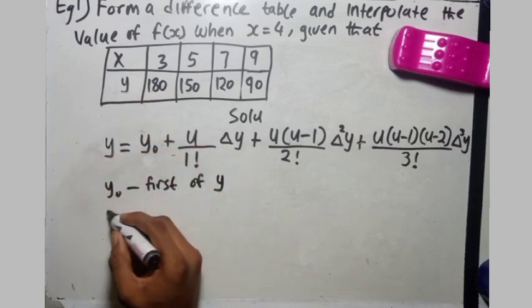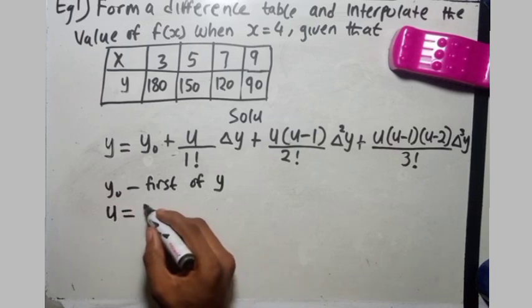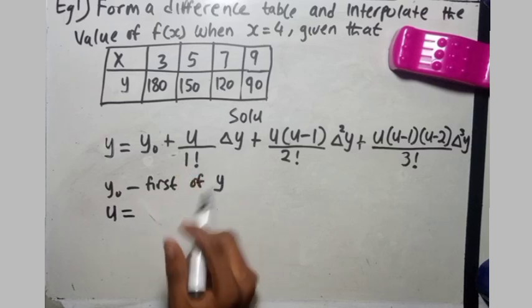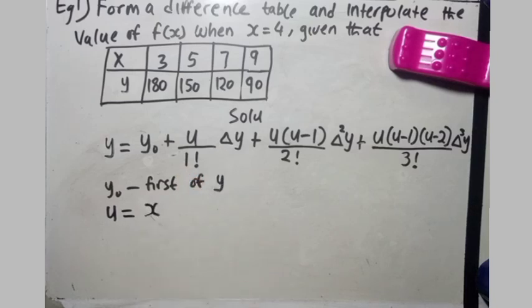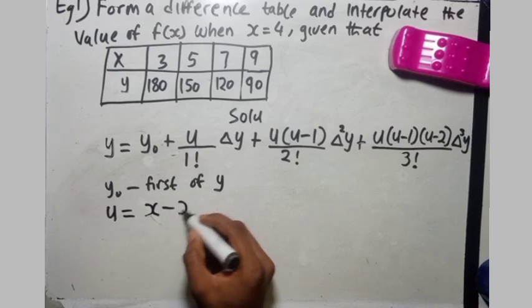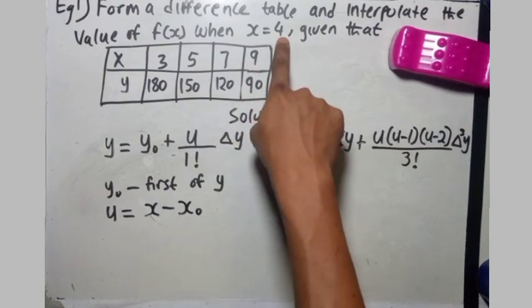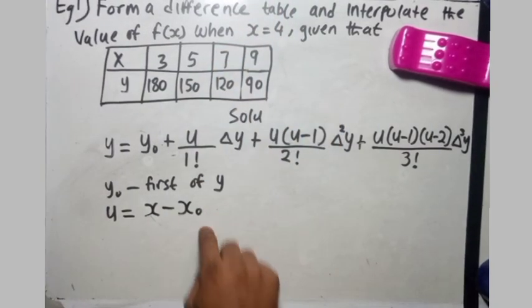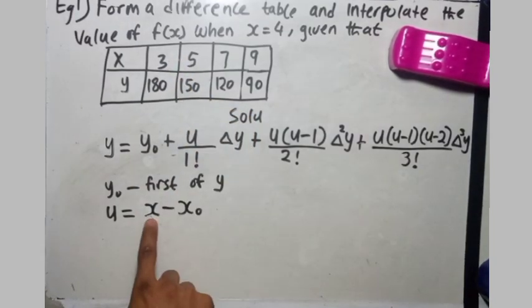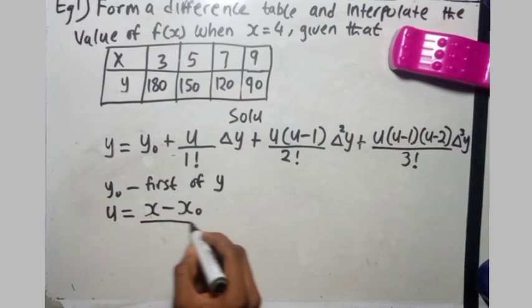Now our u is equal to the x value that we are asked to find, whatever you choose to call it. Then you subtract it from the first value of x. In this case, the value we are asked to find is what? 4. And our first value of x is what? 3.